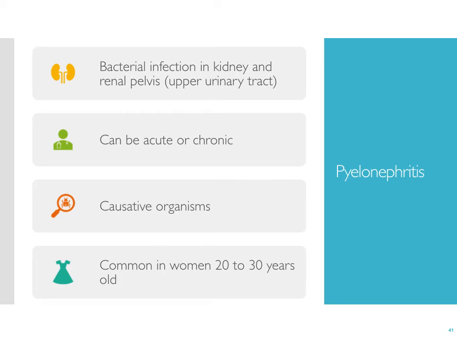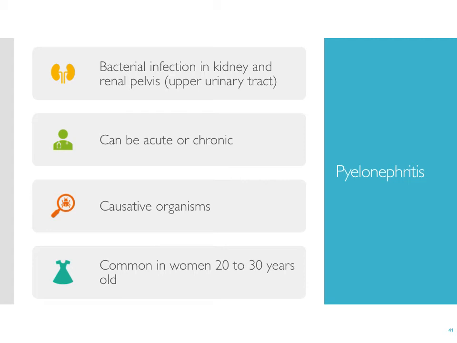And if I was to write a textbook, I probably would have talked about pyelonephritis at the same time as I talked about UTIs because they are related to each other. And pyelonephritis is a bacterial infection in the kidney and the renal pelvises.